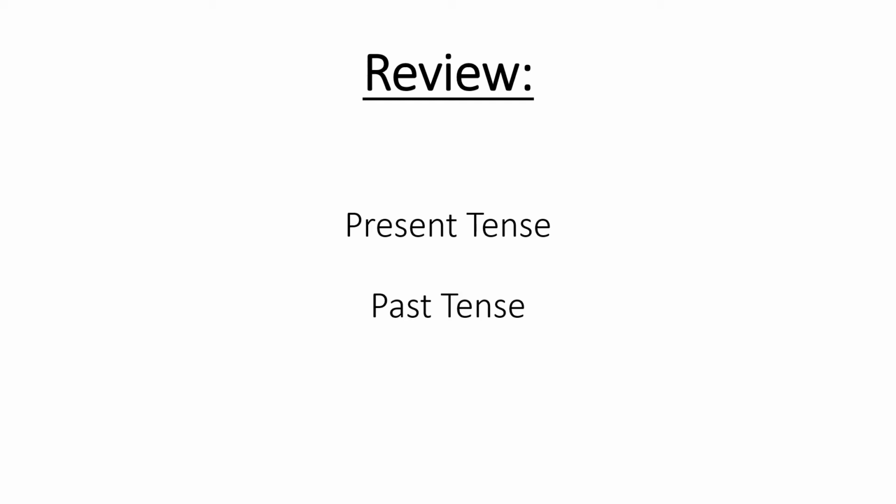Secondly, we learned how past tenses are formed. The first method we used to change the present tense into past tense was by adding ed to the verb. Example, if it was call, we added ed and the word became called.